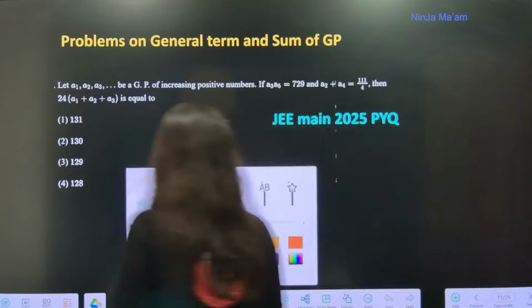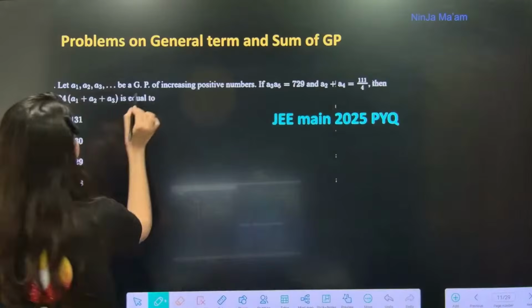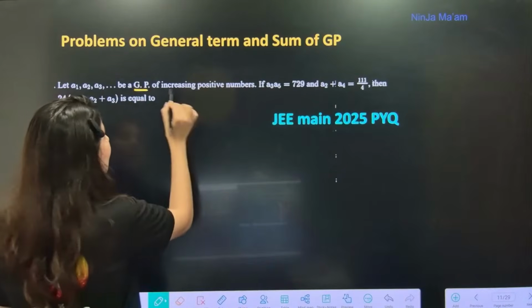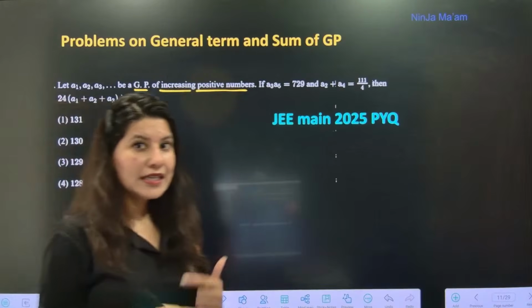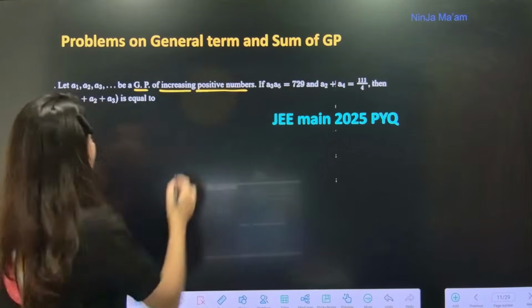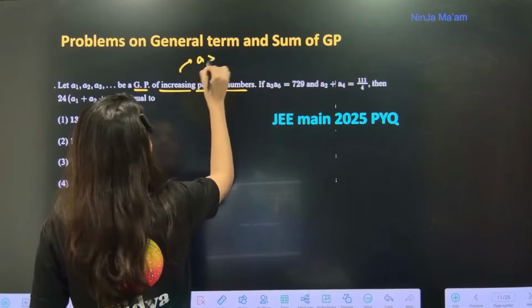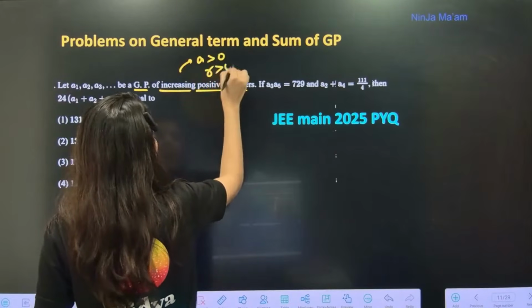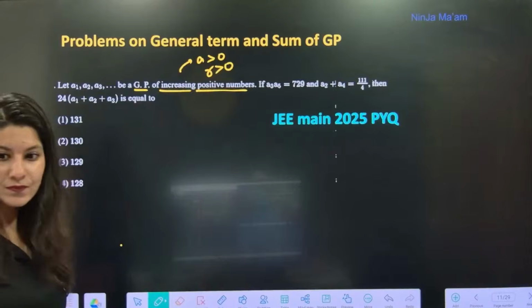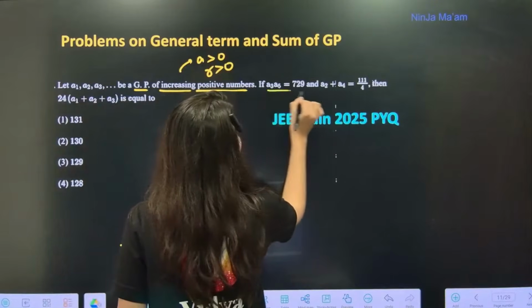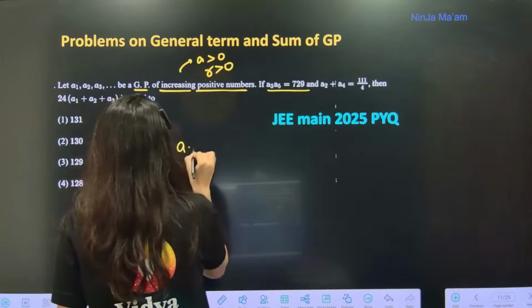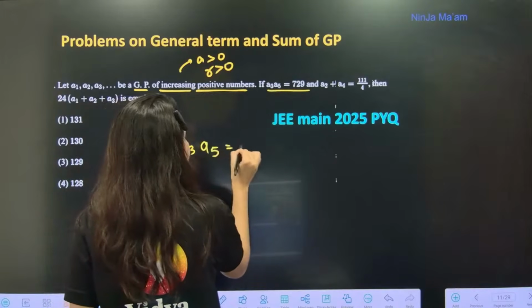Let's see. So, A1, A2, A3 be a geometric progression of increasing positive numbers. Increasing positive numbers. What does that mean? Basically, first term will be positive and common ratio will also be positive. Now, this equation is given to you. A3 times A5 is 729.